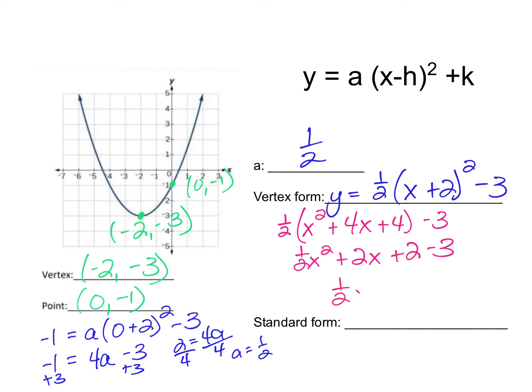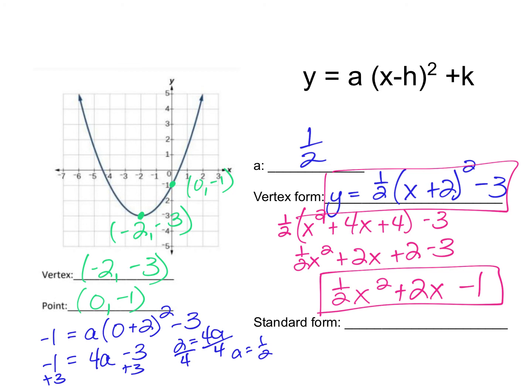So 1/2 X squared plus 2X minus 1. So this would be our vertex form and our standard form. I am going to go ahead and graph them to check our answers. So as I graphed them on the computer, they both came out to be the same. So we know we did it correctly.